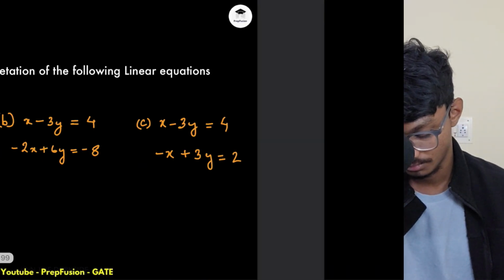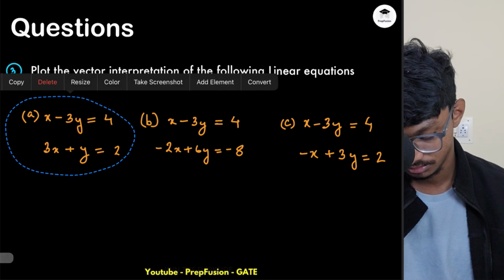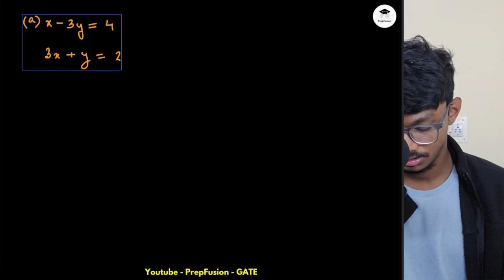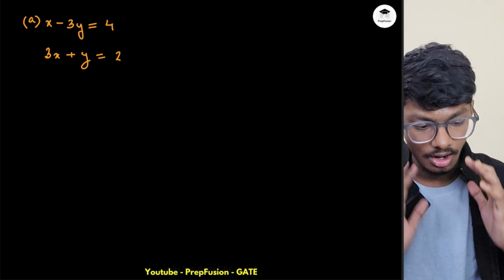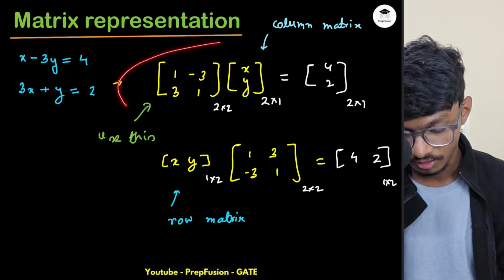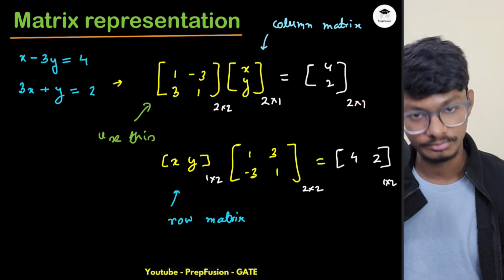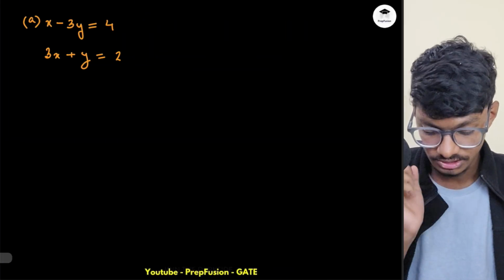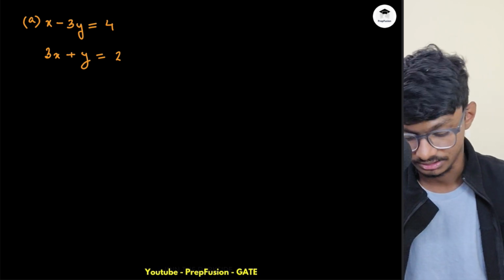Let me take the first equation. We can represent our equations in multiple ways. As I told you here, I can represent it in 2 ways, and previously also we represented it in some other way. So in this case also I can represent this equation in 2 ways. How do we represent this?